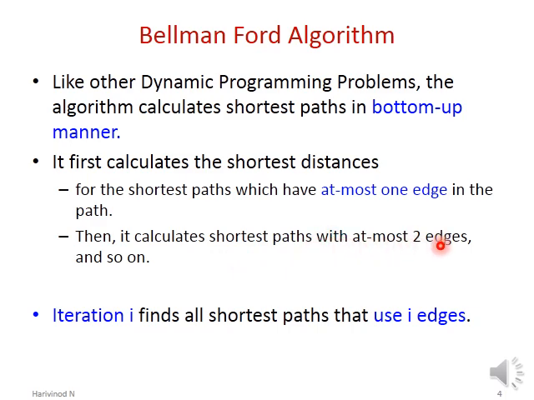In the third iteration, it computes the shortest path having at most three edges. Next iteration, shortest paths with at most four edges, and so on. So, at each iteration i, it finds all the shortest paths that use at most i number of edges.